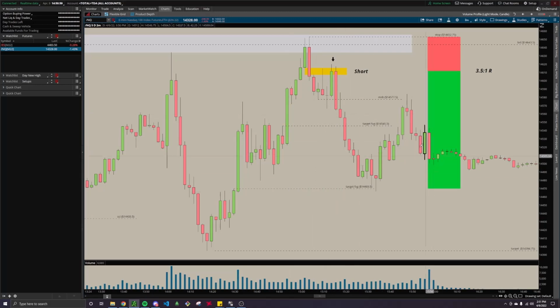Based on all the videos and everything, I would put my stops above the highs that were basically the failed breakout. And so considering where my stop would be, where my entry would be, and where my targets would be, obviously this one never got hit. It would still be like a roughly 3.5 to 1 risk to reward from this trade in particular.